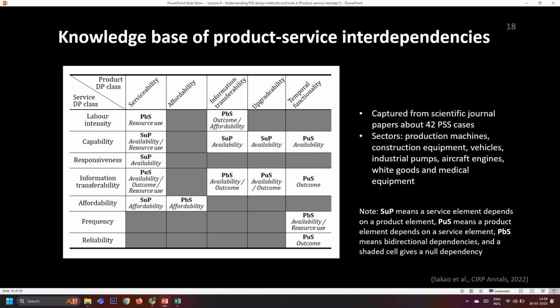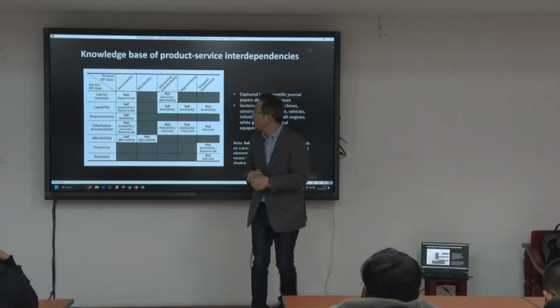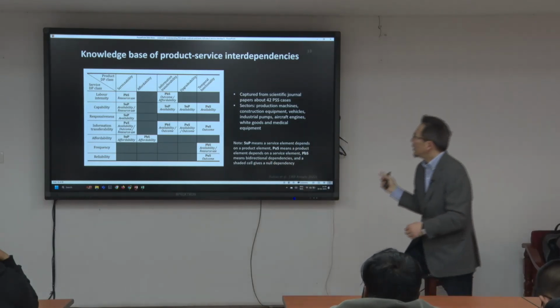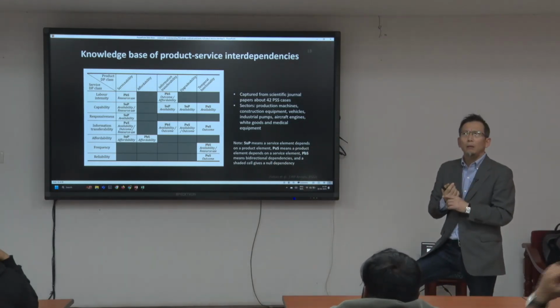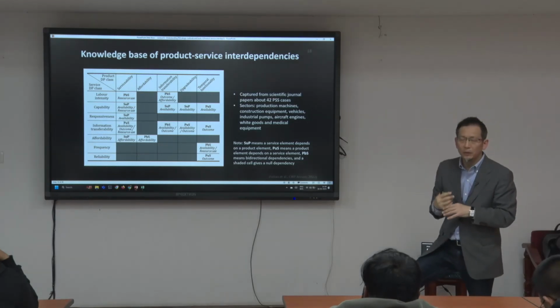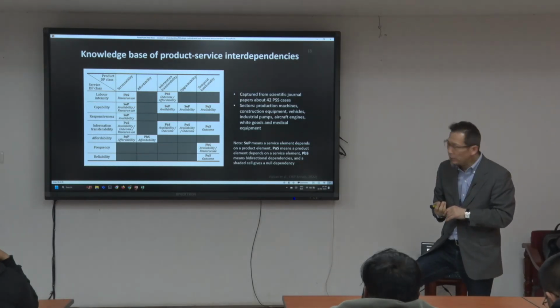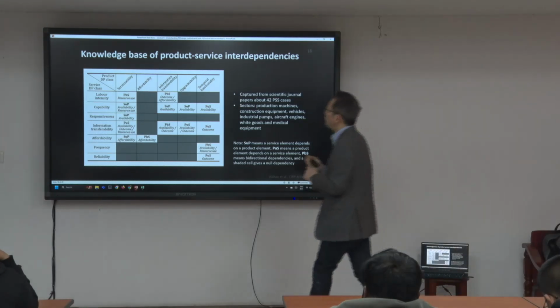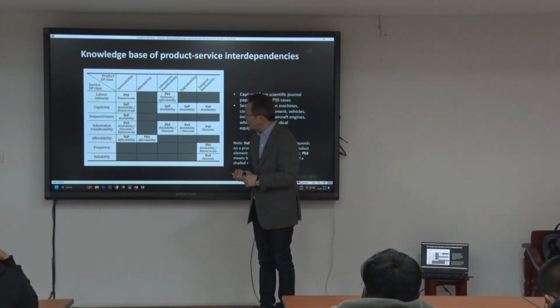If you look at the service design classes, 7 classes, these are maybe a little bit modified from the slide that I showed you earlier, but more or less the same.